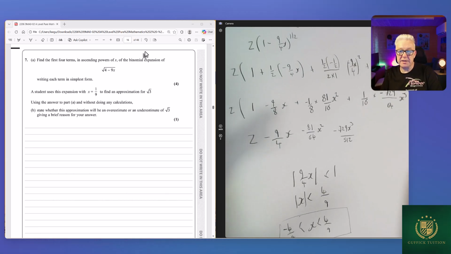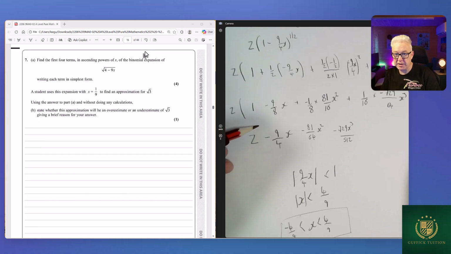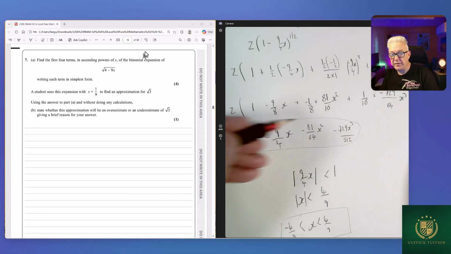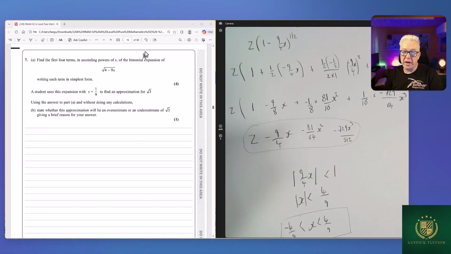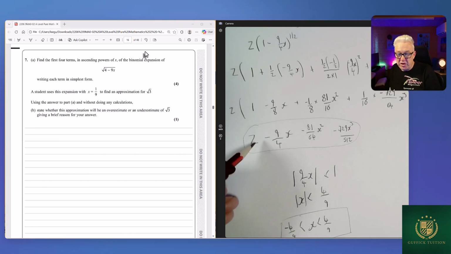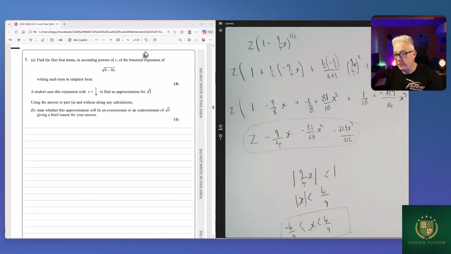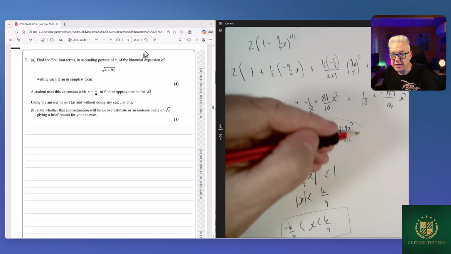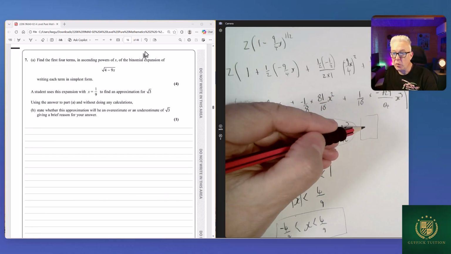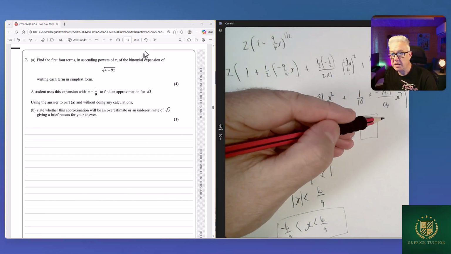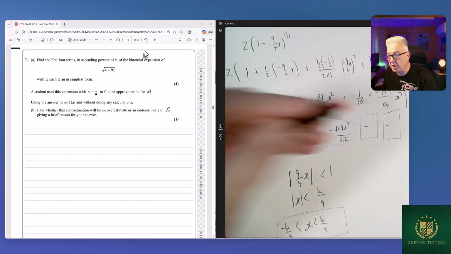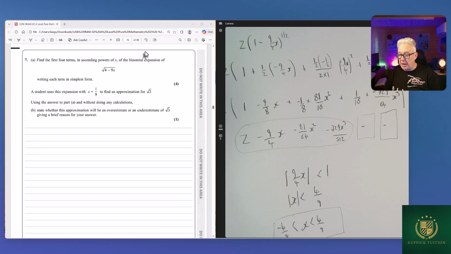And I think this is something that they've been asking recently. What we're going to have is an overestimate, okay? Because you can see the nature of this sequence is that each term is taking something away from the exact answer. So if we were to add on another term, we'd be taking a little bit more away. If we added on yet another term, we'd be taking something else away.